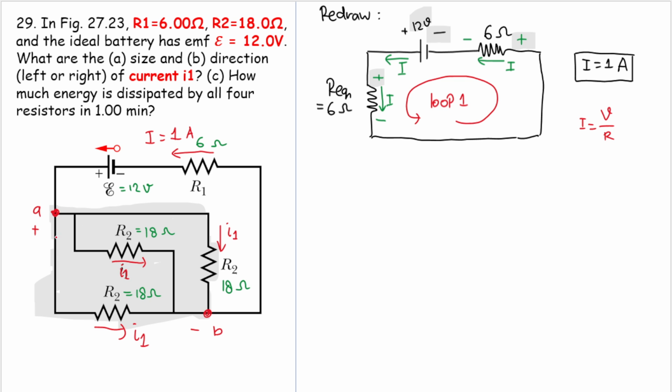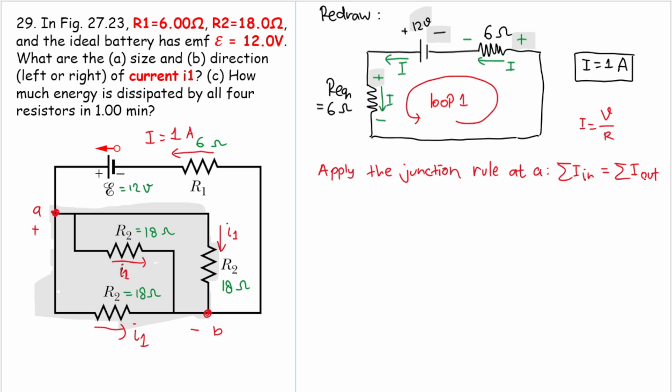Okay, why is that important? Because we can apply the Kirchhoff junction rule, right? Let's apply the junction rule at A. Okay, and the junction rule says that the sum of the current that goes in will equal the sum of the current that goes out.